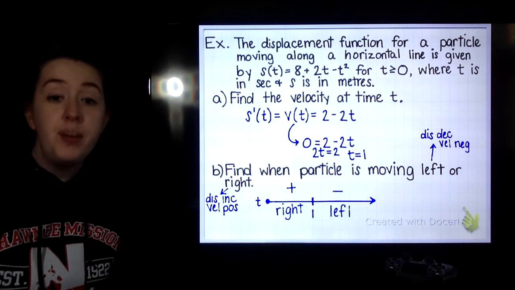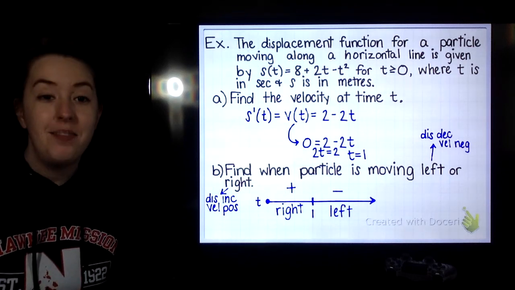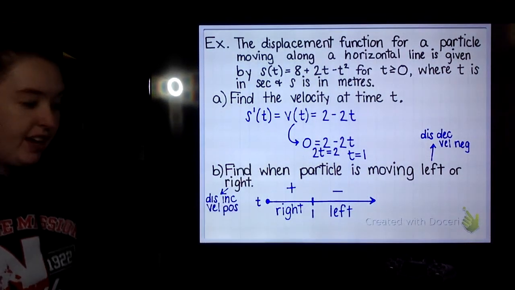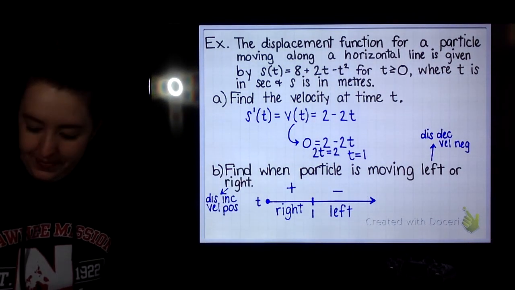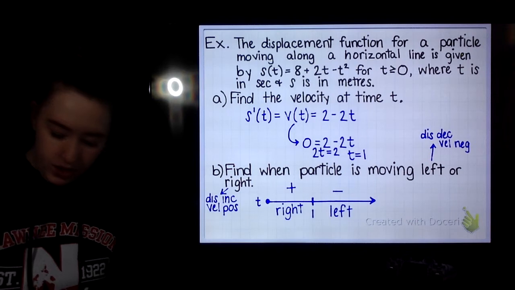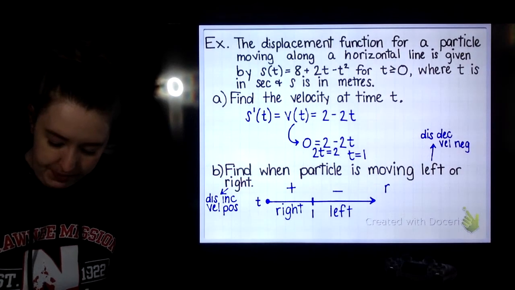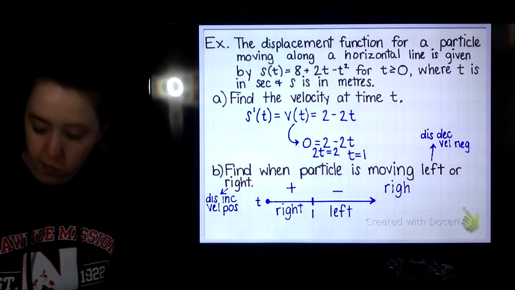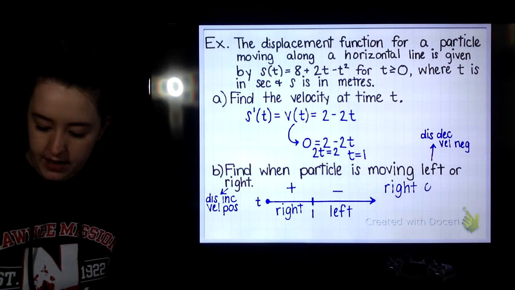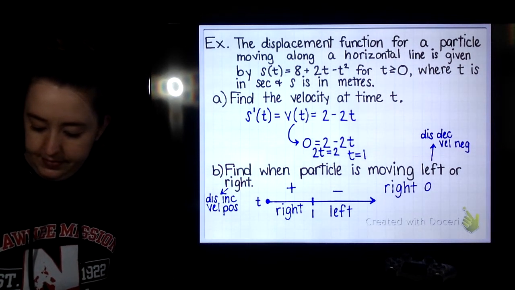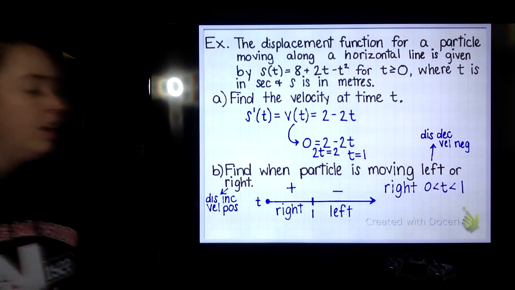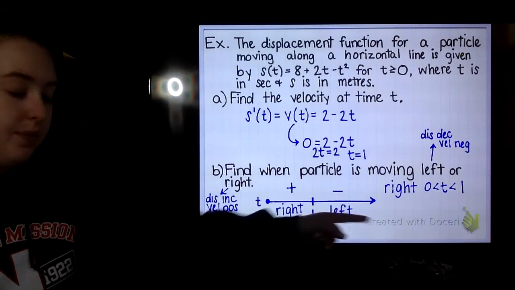So we want to make sure that we write out our answer in a way that makes sense, not just throw it out there in a diagram. So we are moving to the right from 0 until 1. Notice I didn't put or equal to.